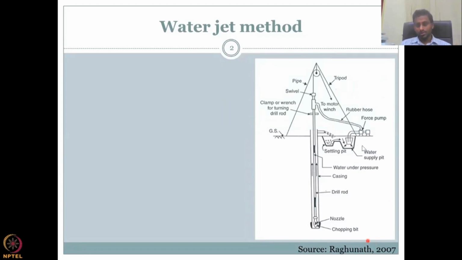So let's see how this works. In this method, you have a well dug. It is dug by using a drill, a small motor which is being pushed. And then you also have a mechanism to push water in. You flush water and then you pull out the debris.